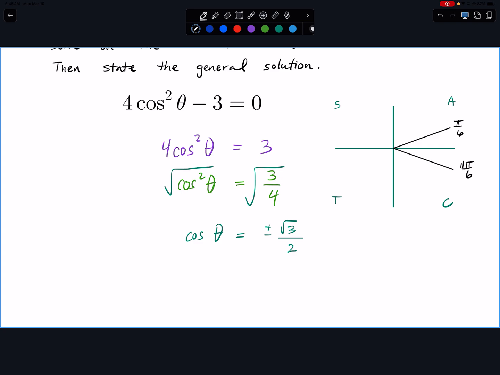And then in quadrant 2, this would be how many pi over 6s? 5 pi over 6 and 7 pi over 6? Does that make sense? Cool.